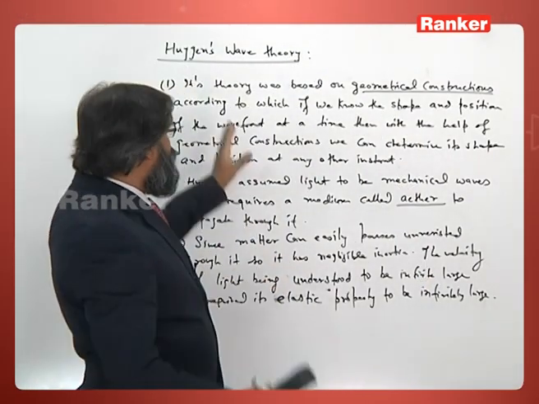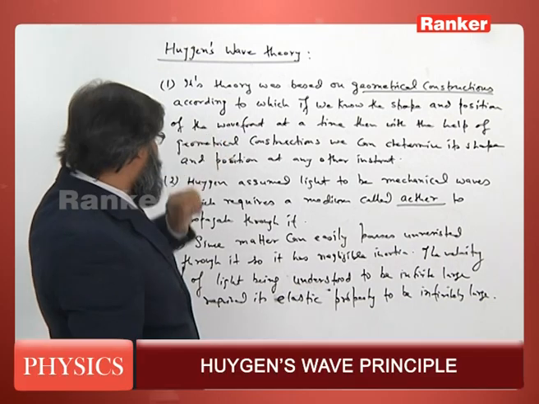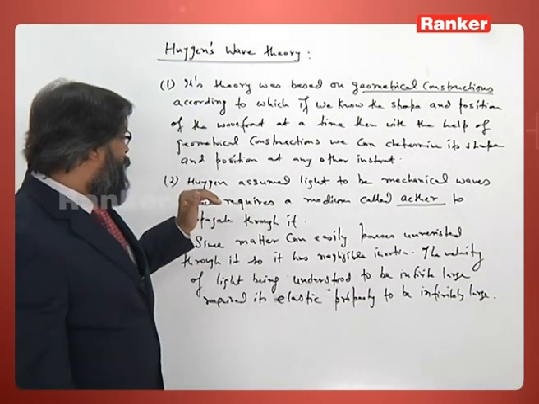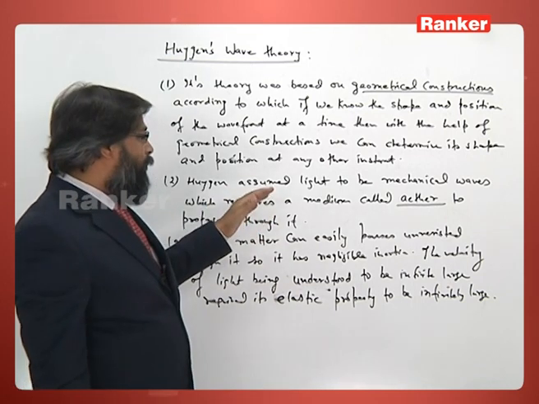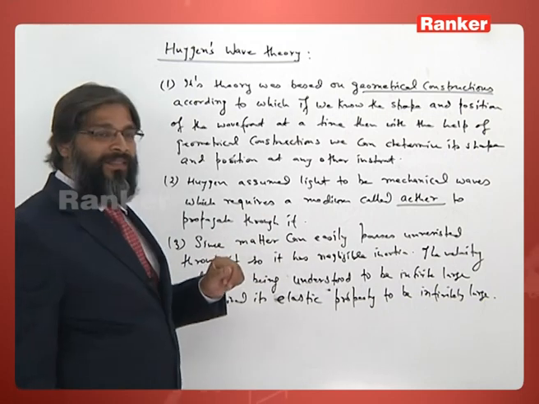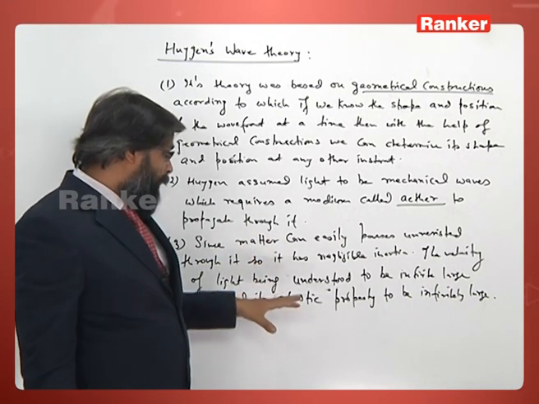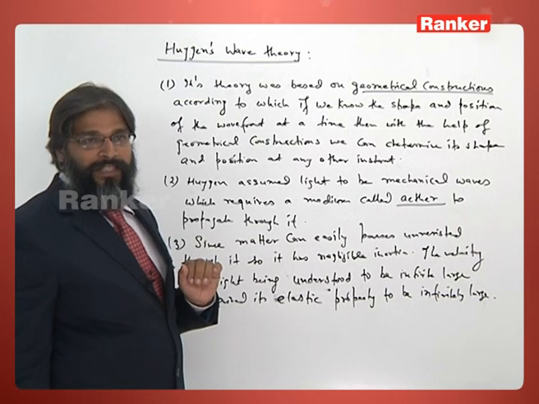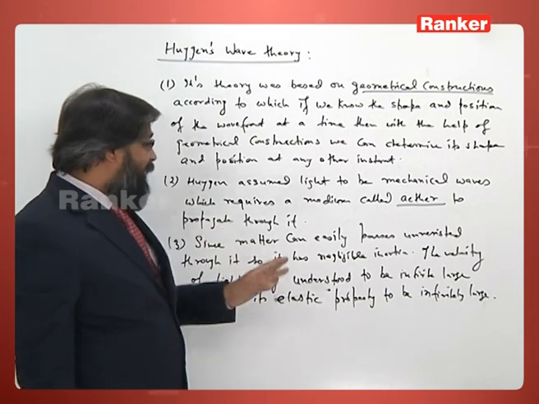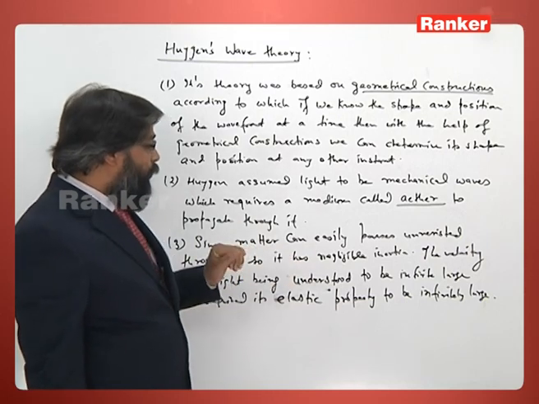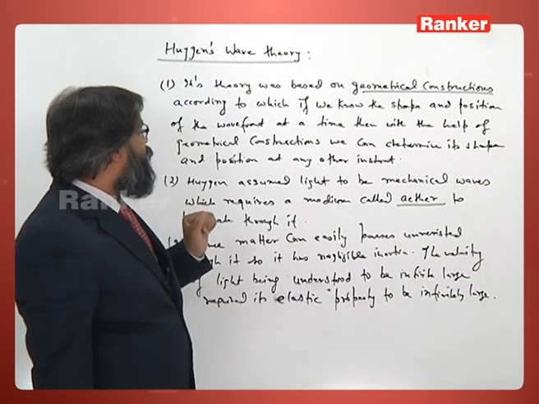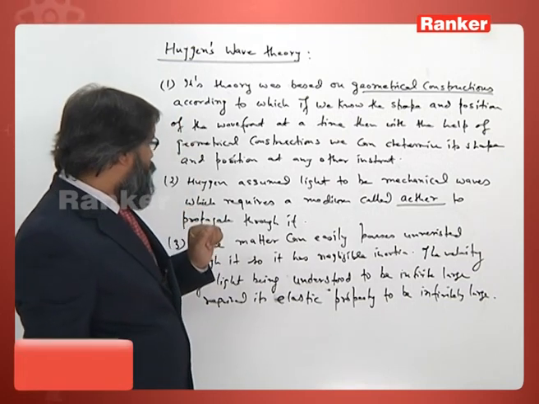So, Huygen's wave theory was based on geometrical construction. It assumed there must be a medium called ether which is present everywhere, and this ether medium must possess negligible inertia and infinite elasticity so that light can travel with infinite speed and it does not offer resistance to the motion of objects. These were the salient features of Huygen's wave theory.